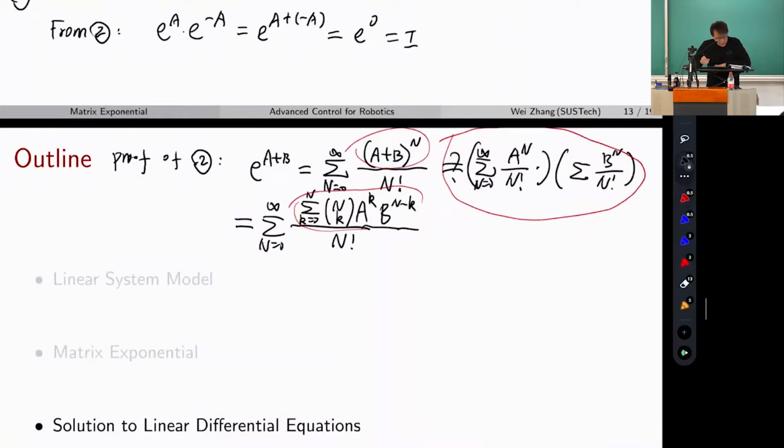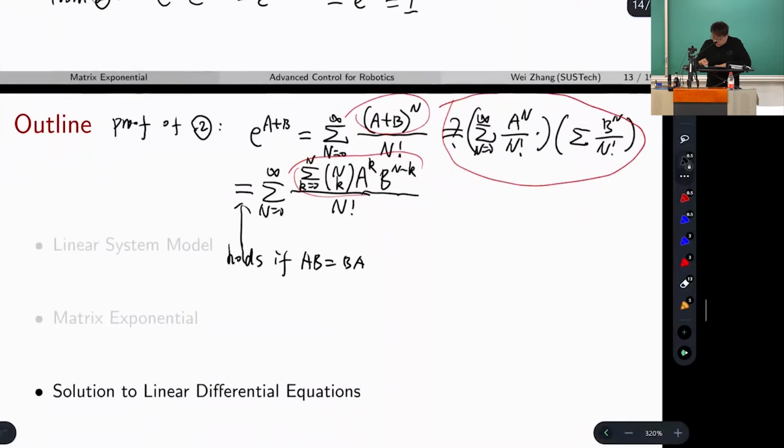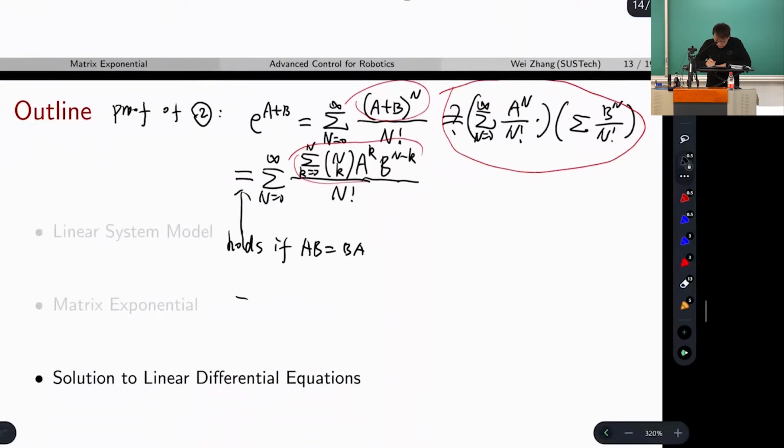Okay, if that's the case, I'm not sure whether you can see that this step holds if AB equals BA, right? Now let me first give you a property.